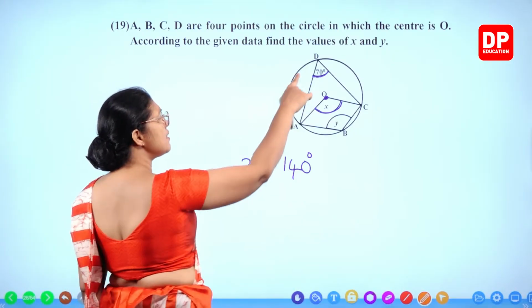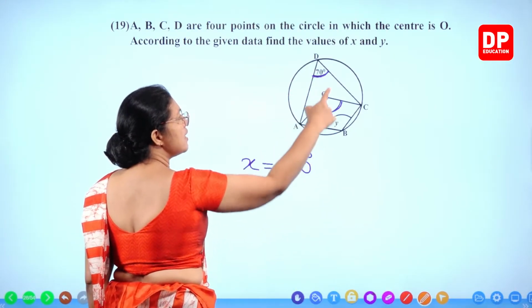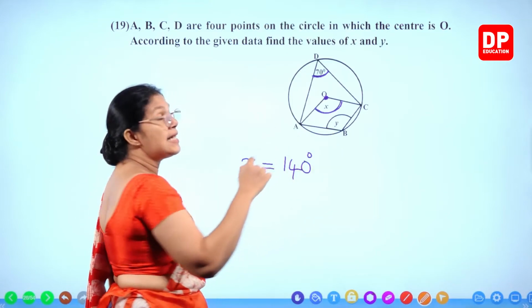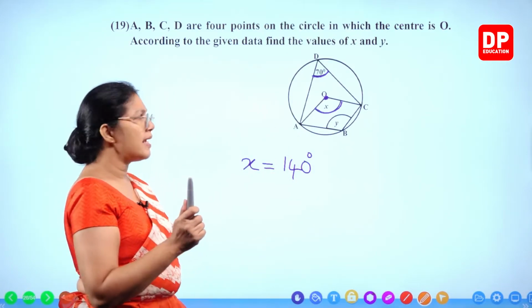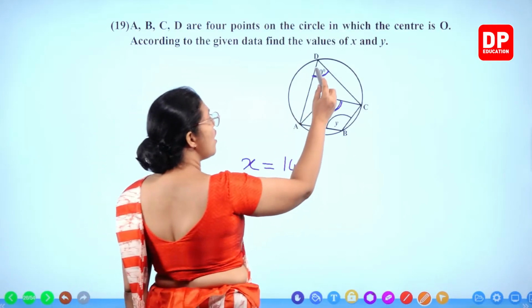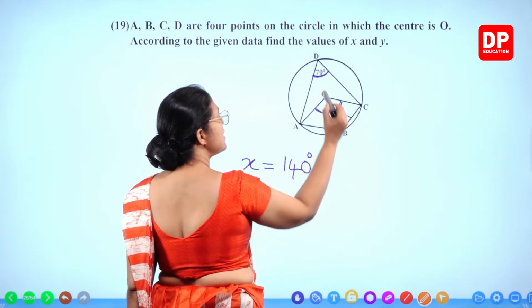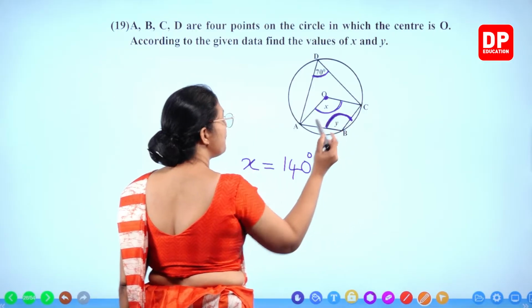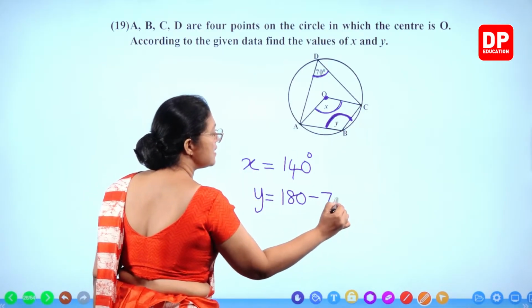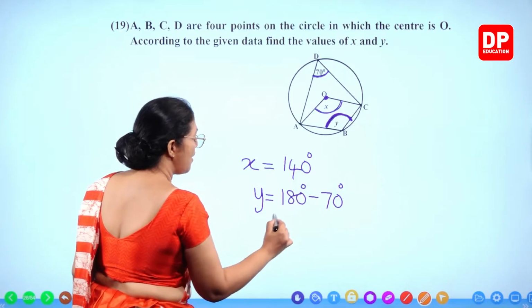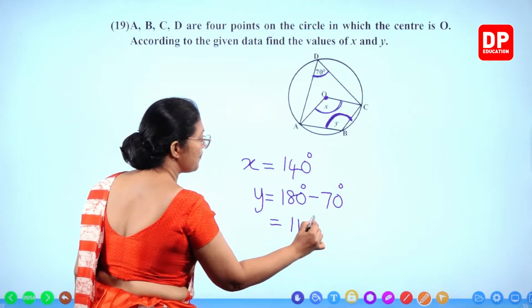Then what about angle y? What is the other theorem? ABCD is a cyclic quadrilateral. Opposite angles of a cyclic quadrilateral add up to 180. So if this is 70, what is y? y becomes 180 minus 70. You get 110 degrees.